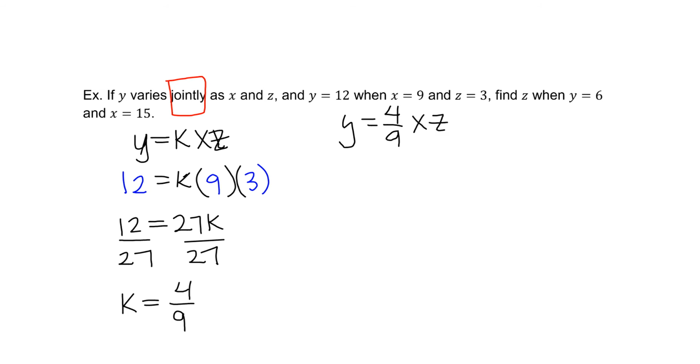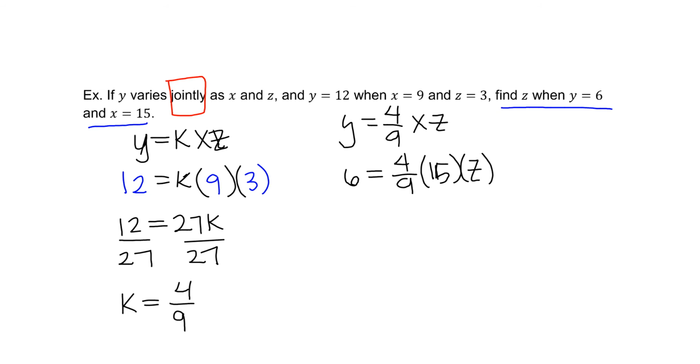Now I can go ahead and do the second part of my problem. I can find z when y is 6 and x is 15. So we're going to have 6 equals 4/9 times 15 times z.